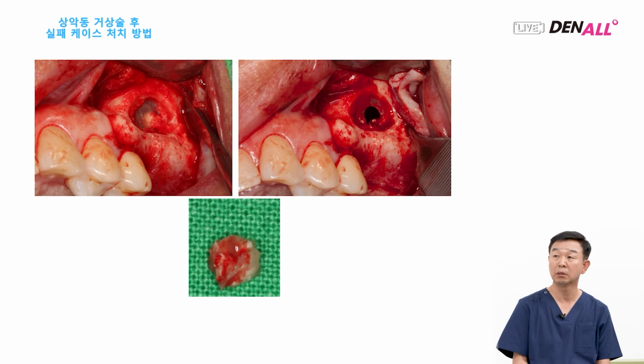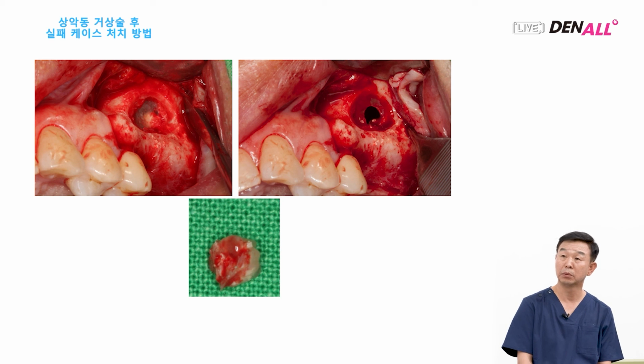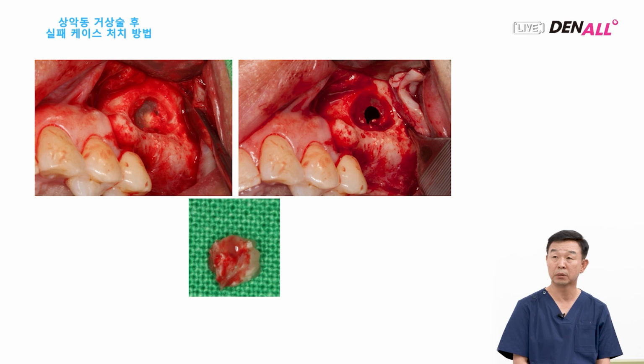As it is removed, the sinus membrane is torn. Using a mesh, a careful incision is made, separating periosteum and the sinus membrane. But as the bone grafted a long time ago is removed, the membrane is torn.